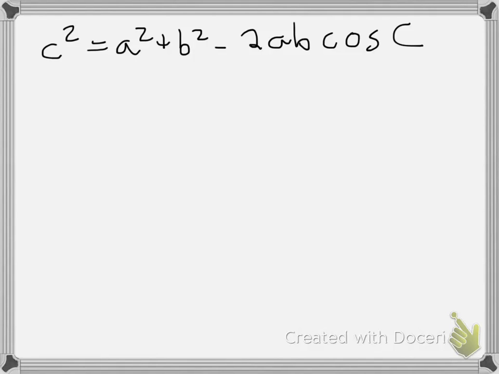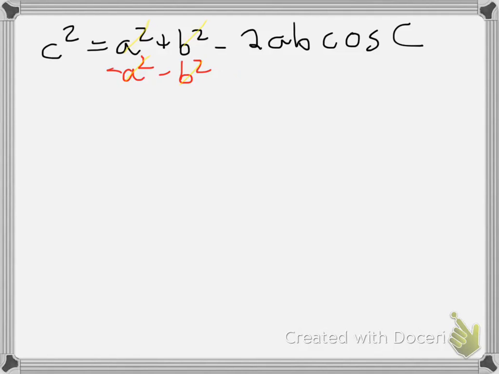So the first thing I'm going to do is start doing opposite operations. Subtract a squared, subtract b squared. I'm going to leave the rest for later. So when I do that, these cancel out.